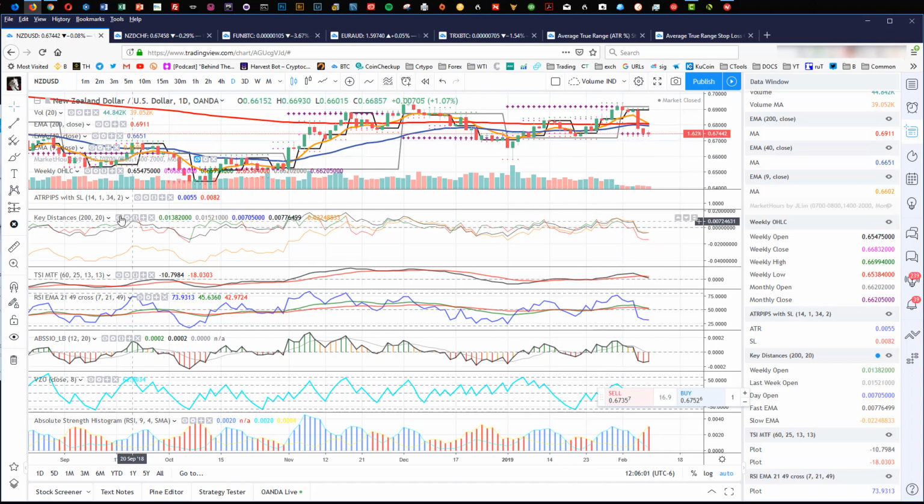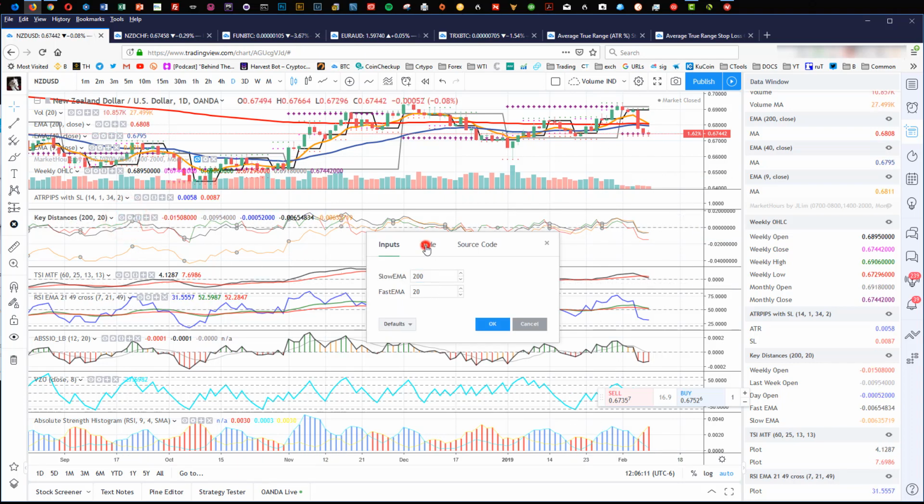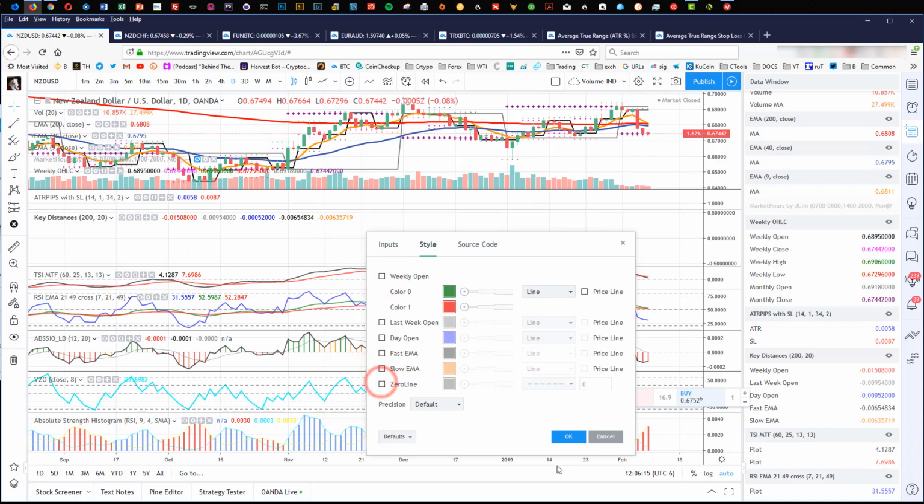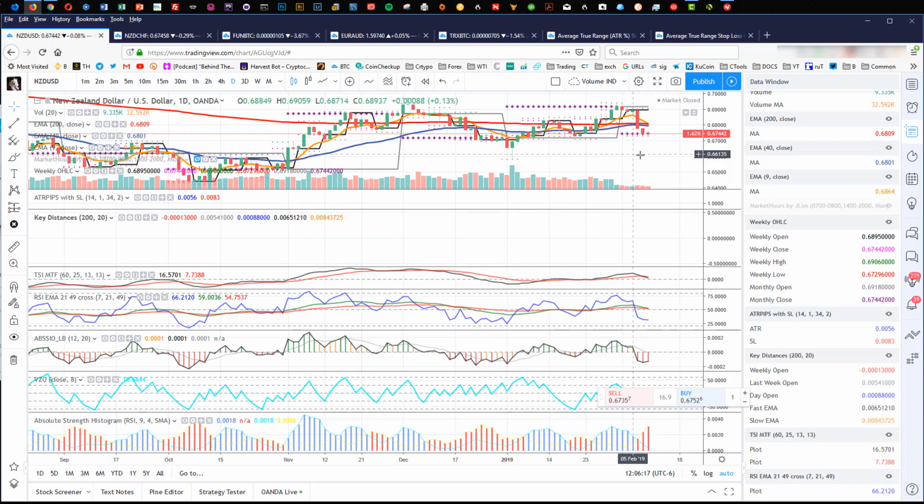I find, and I don't want to confuse you, so if this is confusing, I apologize, I'll get back to the crypto market. I find having these raw numbers, not graphed, so if I just turn off these graphs here, gives me a different perspective on the market and helps me think about the market in raw numbers form, which you should always try to get back to.